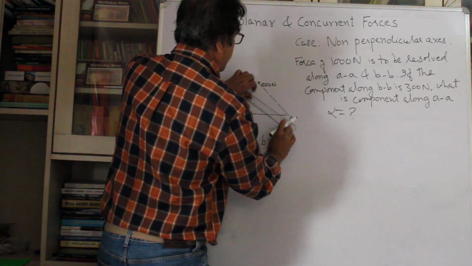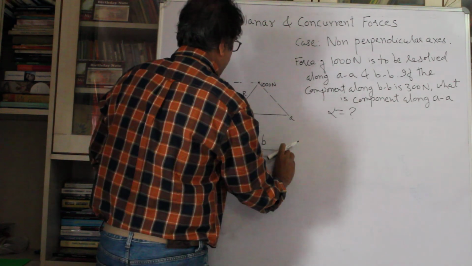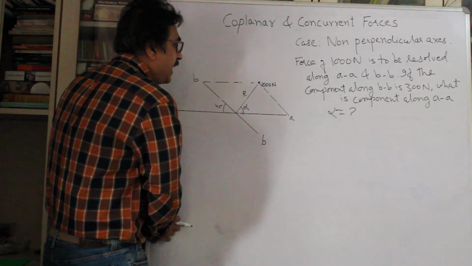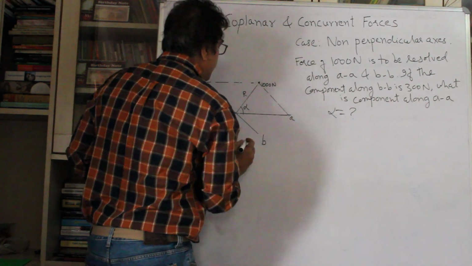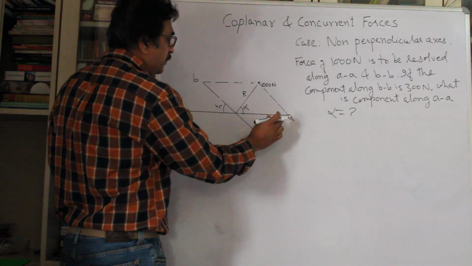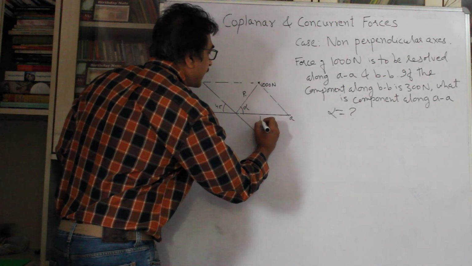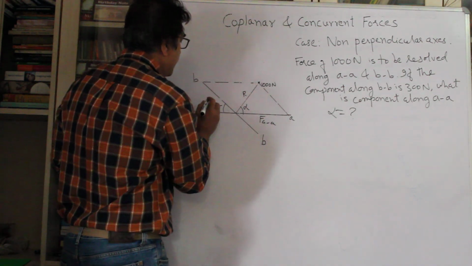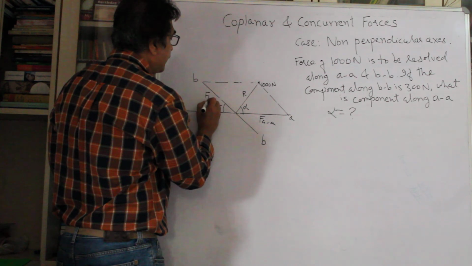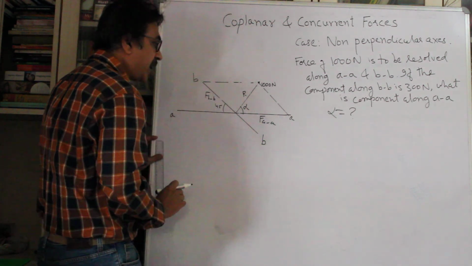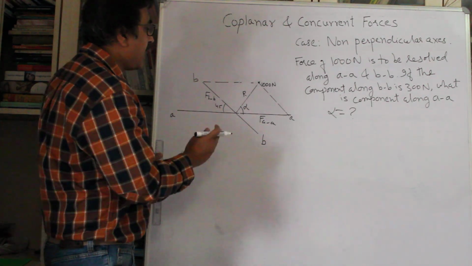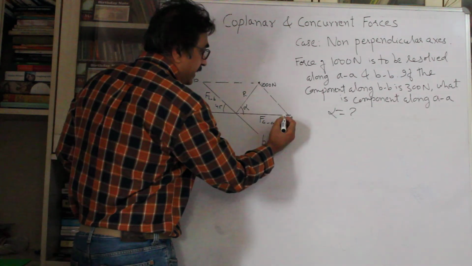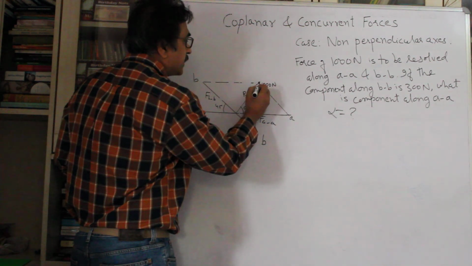Okay. So what we have here is, now we have got the magnitudes also, right? So this is, I can say FAA and this is FBB.